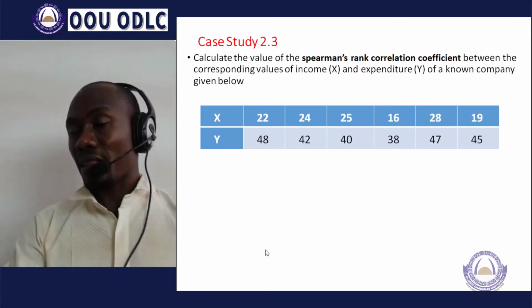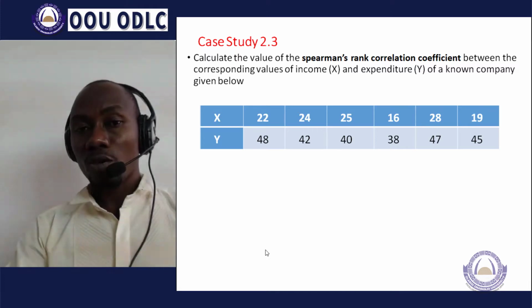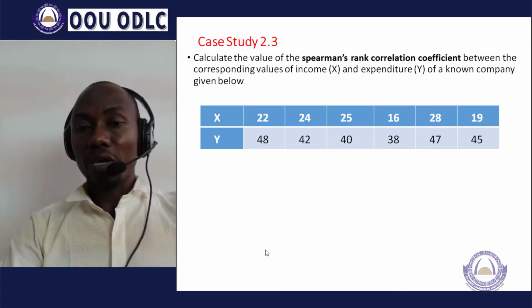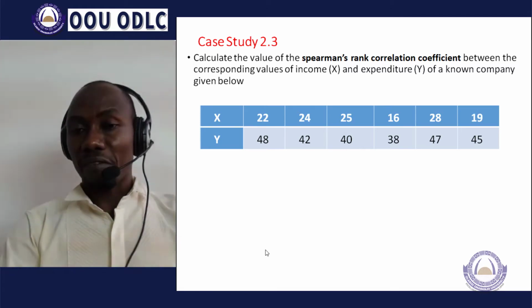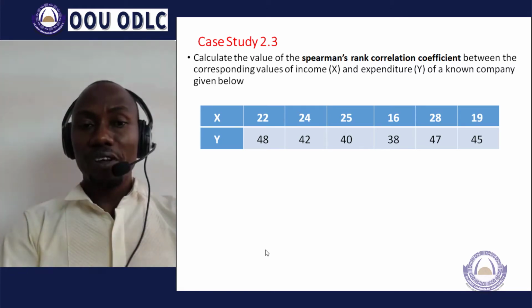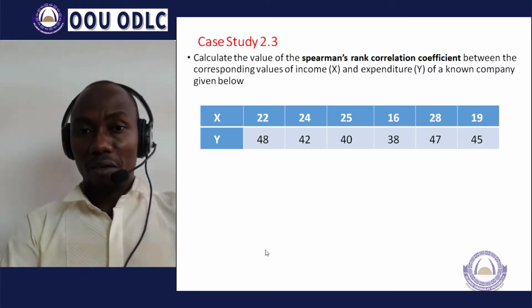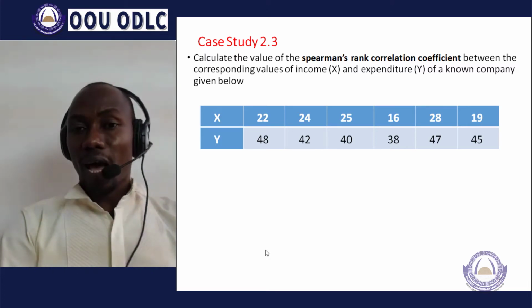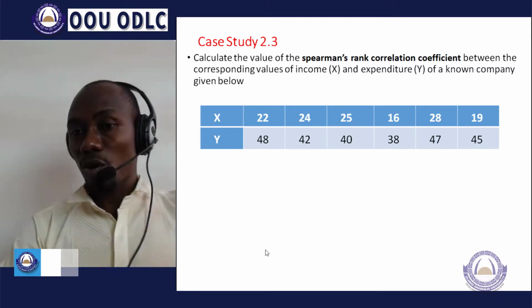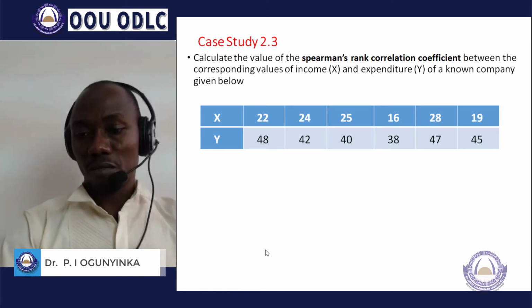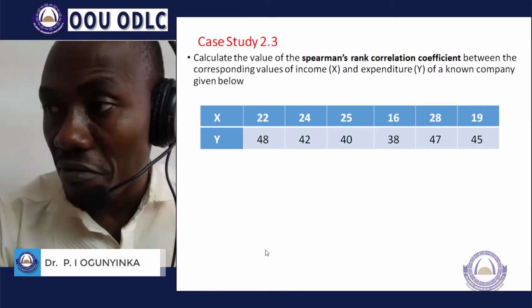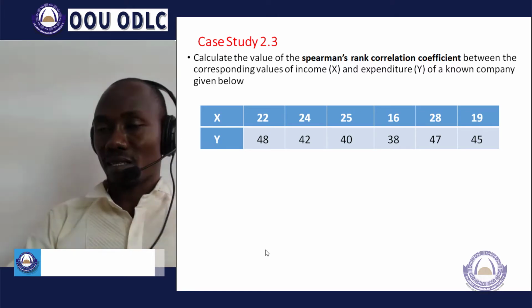Let us take an example on the application of Spearman's rank correlation coefficient. Here we have 6 observations of two variables, X and Y, where X is the income of a company and Y is the expenditure of the same company. We are expected to compute the Spearman's rank correlation coefficient of this dataset.